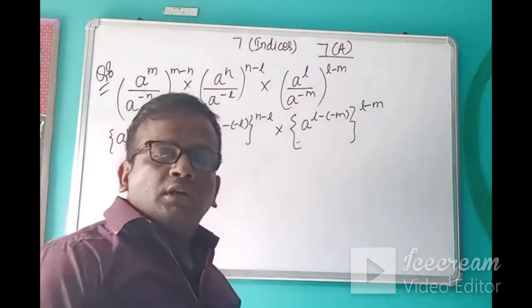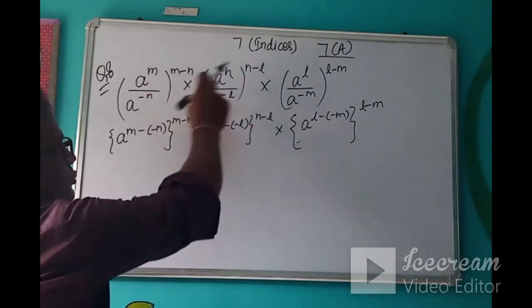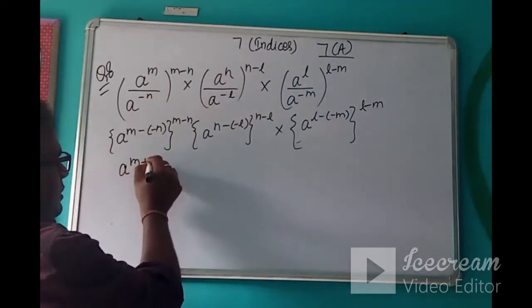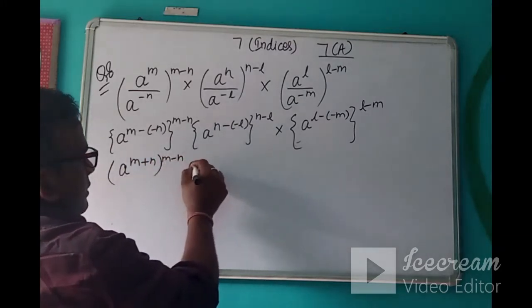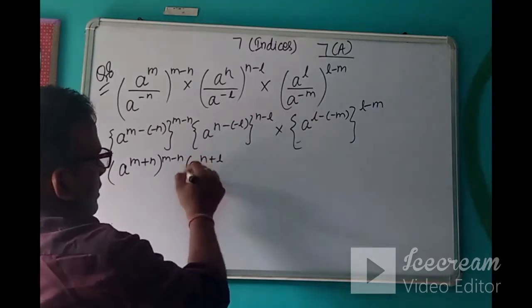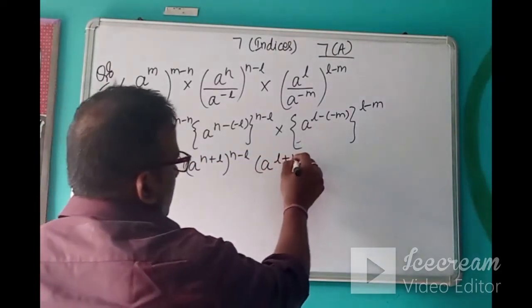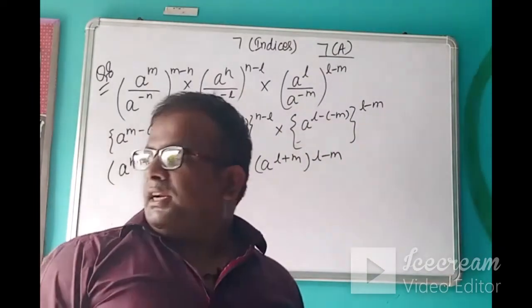So before combining all the powers of a, first we will combine these two powers. Now what you will get? You will get m plus n to the power m minus n, then n plus l to the power n minus l, l plus m to the power l minus m. So this you will get.